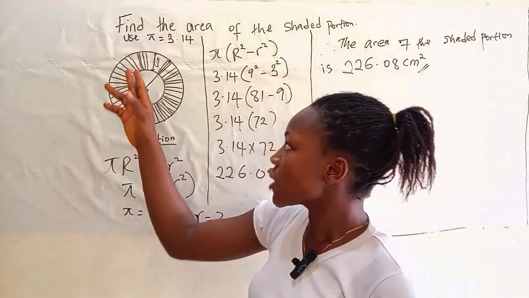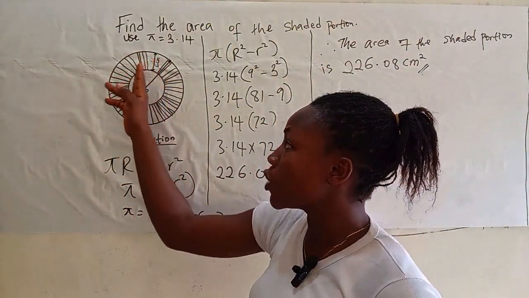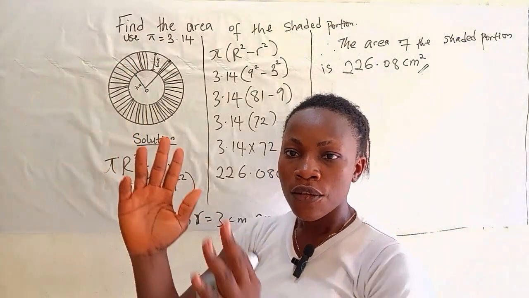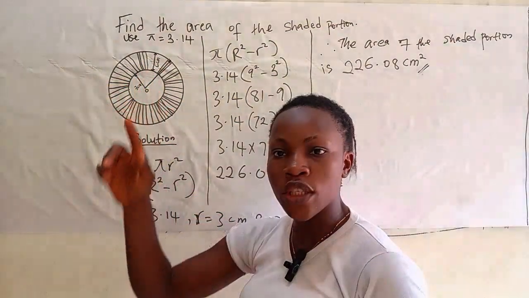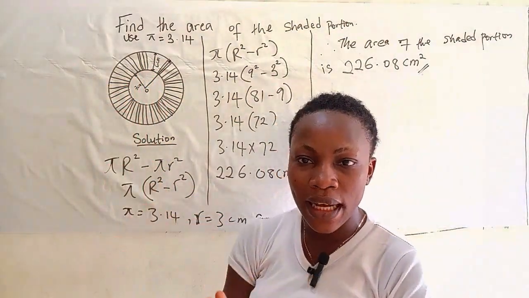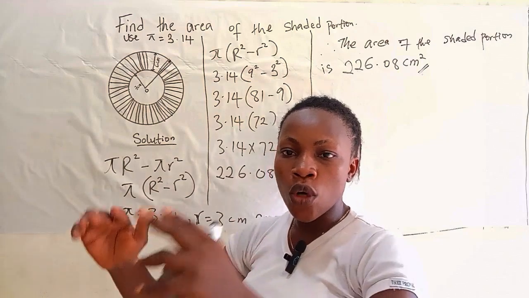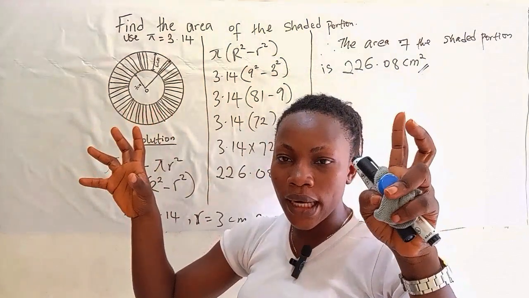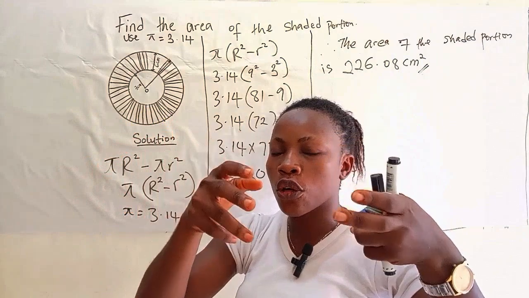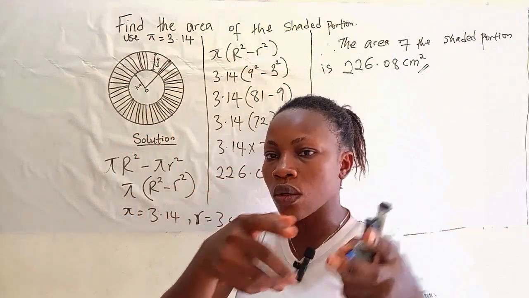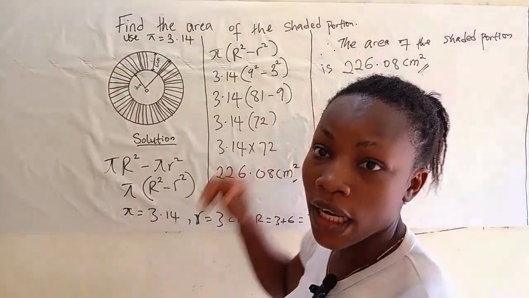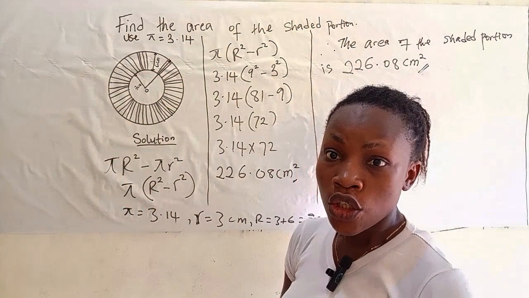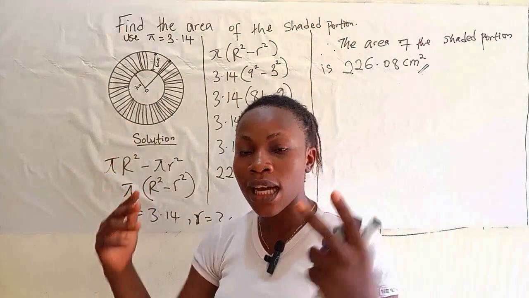Find the area of this big one using pi r squared, find the area and keep it aside. Then find the smaller one using pi r squared, find the area and keep it aside. Once you have the two areas, you subtract the smaller one from the bigger one to get your final answer. So this is just how to solve this kind of question.